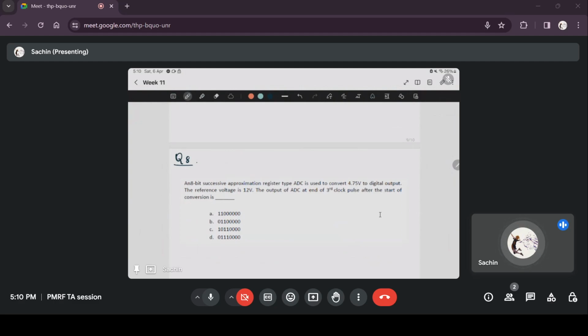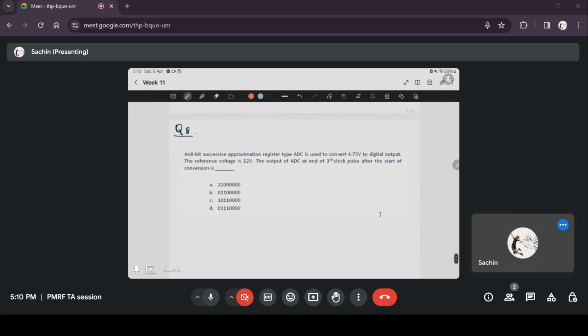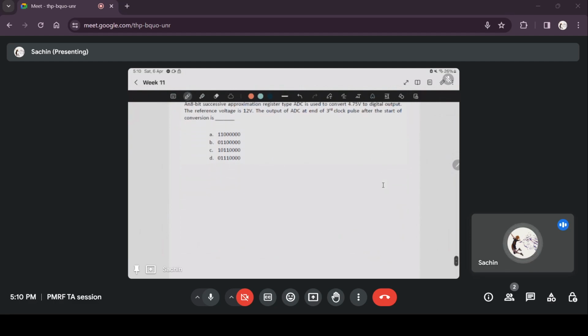The reference voltage is 12 volts. The output of ADC at end of third clock pulse after the start of conversion is? Here resolution is 12 over 2 power 8 minus 1, which is equal to 0.0547 volts.